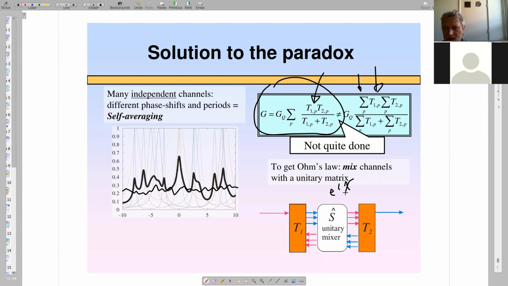I don't remember if I talked about these being phase factors. All eigenvalues of a unitary matrix are complex numbers of unitary modulus. Fine. And this unitary matrix basically mixes up all channels randomly. And if you assume so, you restore actual Ohm's law.